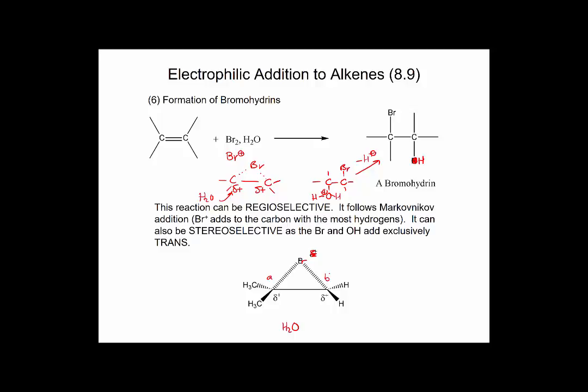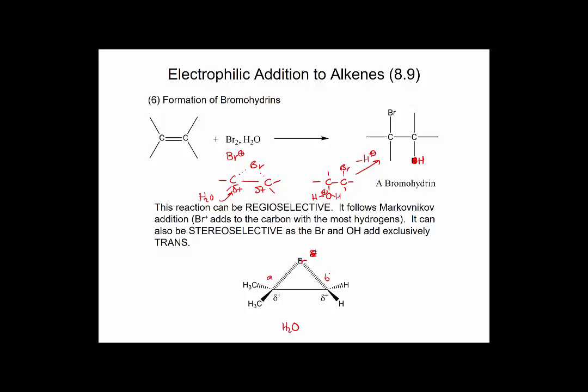If you're the water molecule, which carbon are you going to add to, A or B? A, that was fast. Thank goodness that was fast. Right? Because we just do this whole thing, except the Br plus wasn't a Br plus, it was an Hg plus. So it's the same thing.